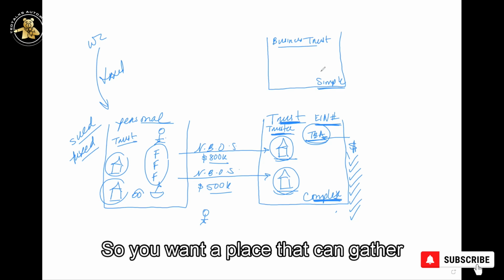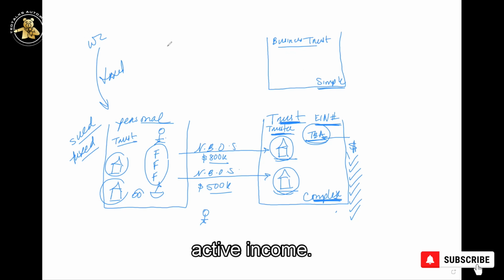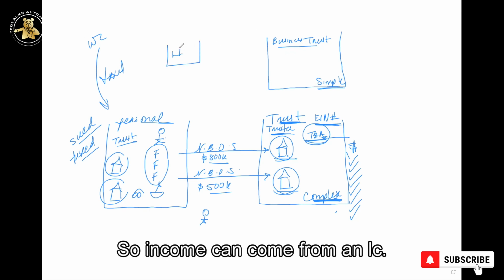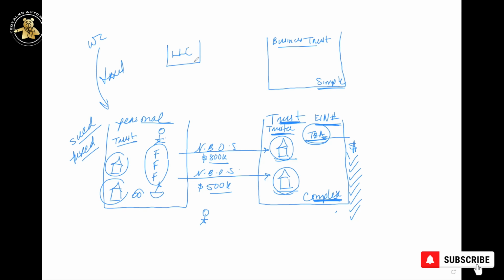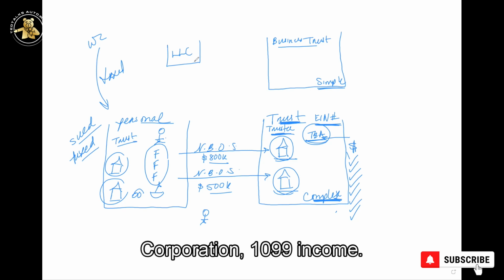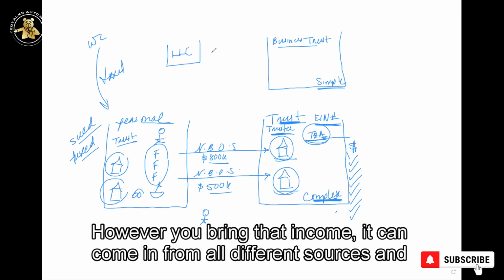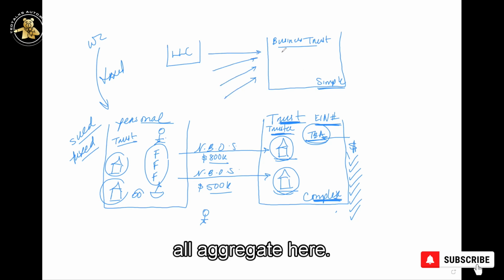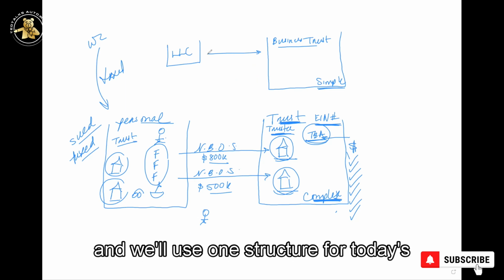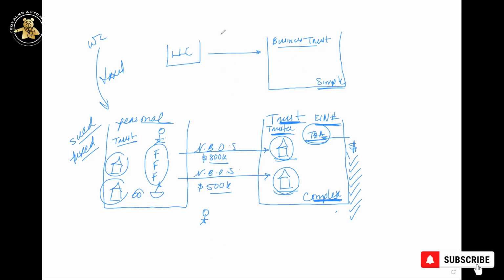So you want a place that can gather active income. Income can come from an LLC, corporation, 1099 income. However you bring that income, it can come in from all different sources and all aggregate here. But again, we'll just keep it simple, and we'll use one structure for today's illustration.